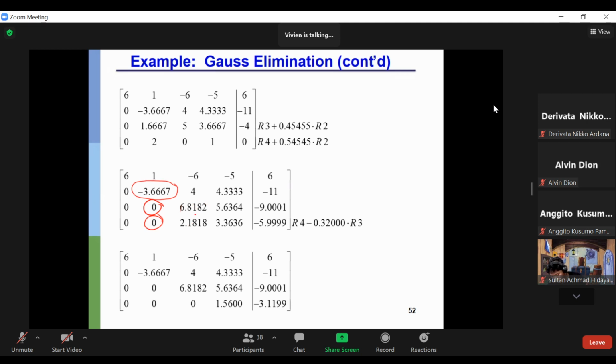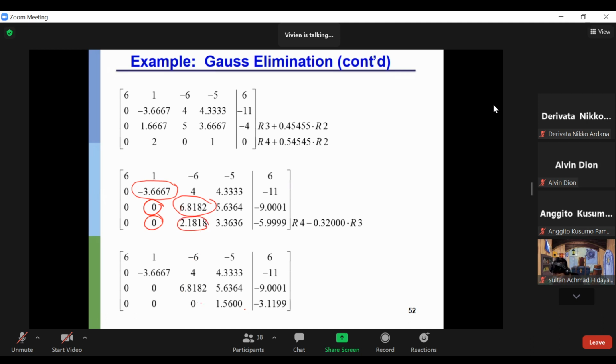So here we have the values 6.8 and 2.1. So the largest value will be 6.8. So we don't do anything. We just keep that as it is, so that now we try to make zero here.